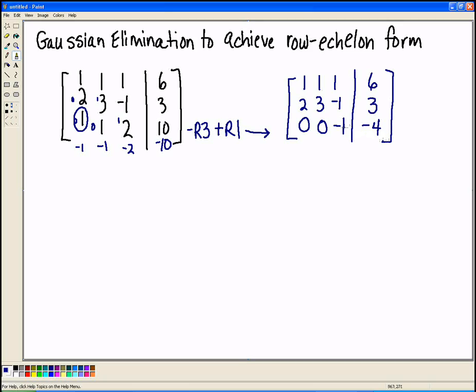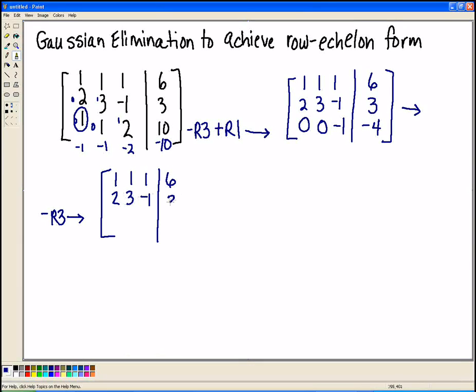Now, I want a 1 here, okay, not a -1. So in order to clear that out, I'm simply going to multiply the third row by -1 and put my result into R3, into the third row. Not going to do anything to the first row. It's going to stay the same. Not going to do anything to the second row.